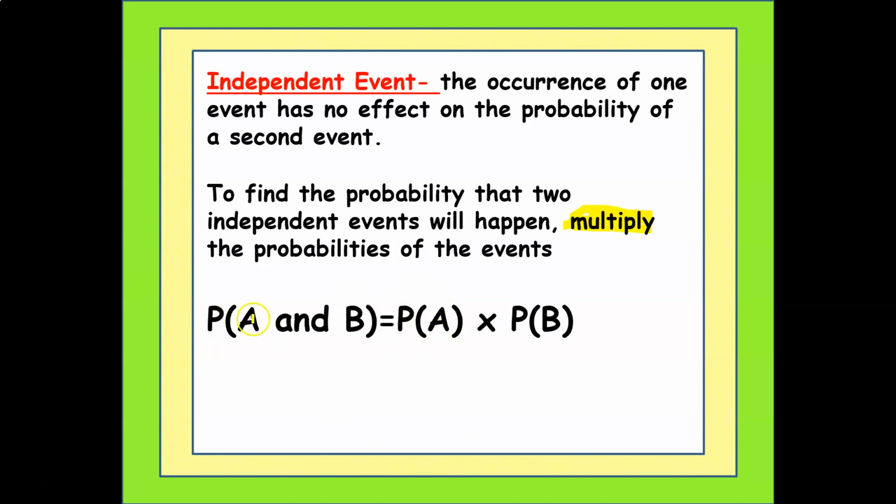So the probability of A and B happening is the probability of A times the probability of B. So this is a very important slide to have written down. If you don't have this written down yet in your notes, make sure you pause the video now and get this written down. This is what you're going to want to look back at today when you are working on your assignment.